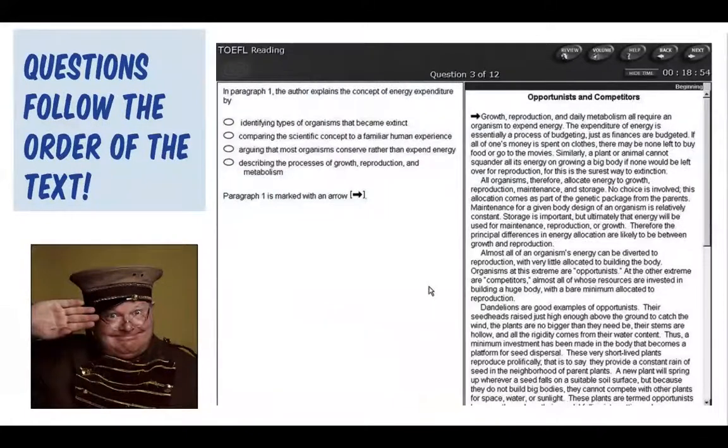Okay, here's the second really important concept in the TOEFL. It's very easy, but it's very, very important. The questions follow the order of the text. There's only one exception to that rule, and that's the final question. But you'll have a video on that entire item. Basically, question 1 is going to come from paragraph 1.